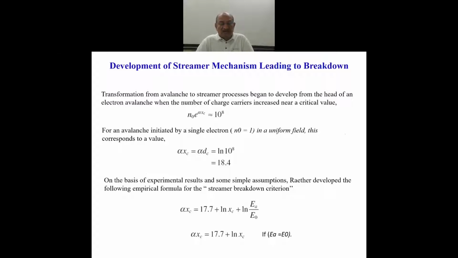They found that the time required for achieving the breakdown is much shorter than the drift time of the electron. That means the electron takes a much longer time to travel from cathode to anode, but the breakdown is accomplished in a shorter time.